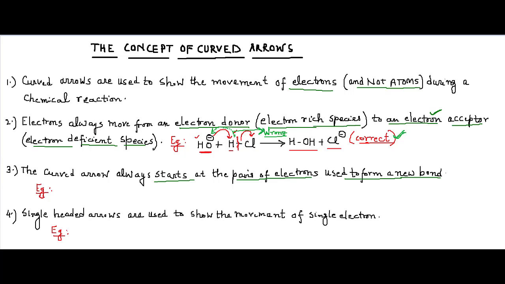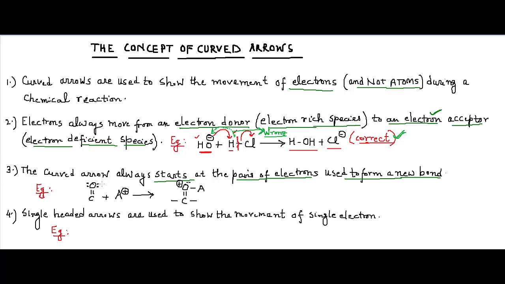If we write something like this, oxygen contains two lone pairs, and let's say we have a species A plus which is positively charged, and C double bond O. A bond is formed between oxygen and A, and we are left with only one lone pair. How do we show the bond formation with the shift of electrons?